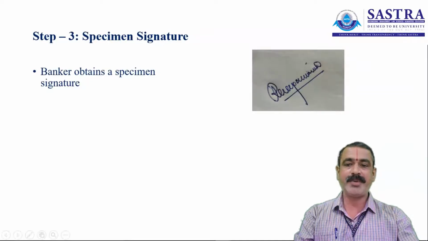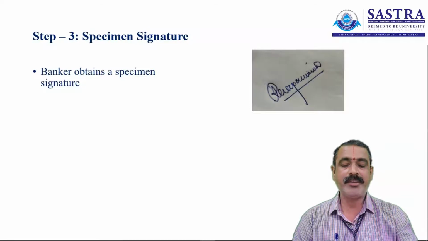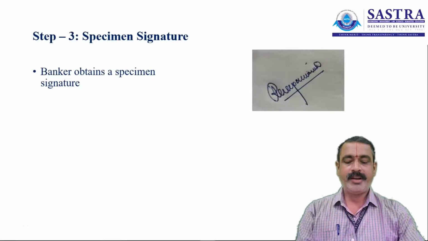So the banker obtains a specimen signature and keeps it on record. The cards are filed and arranged in alphabetical order.